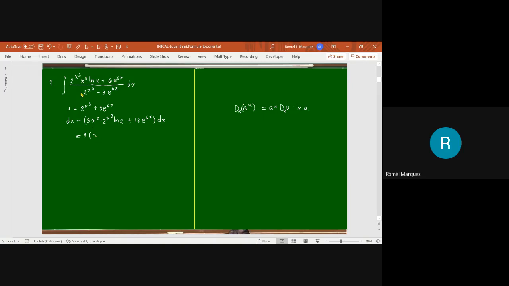Simply, we match them. Let me start with the 2: 2 to the x cubed times x squared, times ln 2, in the numerator. Then plus, what about 18? After factoring out 3, it is 6 e to the 6x, multiplied by dx. What do we need in the numerator to complete the du, guys?